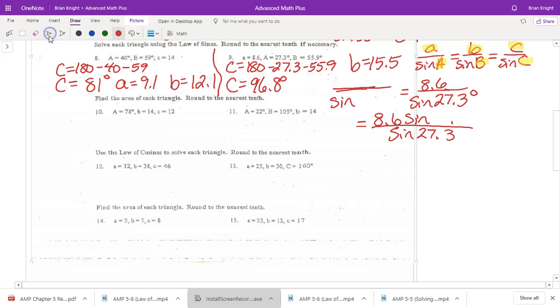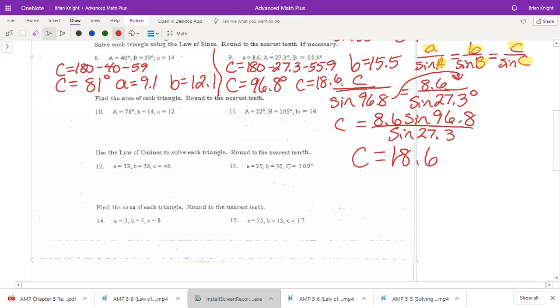So I'm going to have little c over the sine of big C, which was 96.8. And again, I move that over here. For c, you should get 18.6. All right.